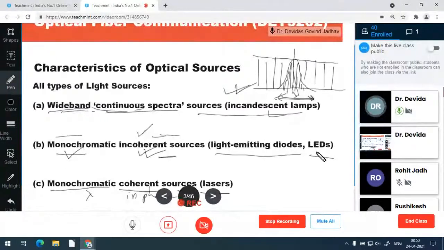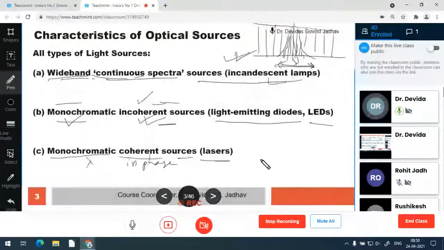How are optical sources classified? Wide spectrum, continuous spectrum sources are there, like incandescent lamps, and monochromatic incoherent sources are there, like light emitting diodes, and monochromatic coherent sources are there, like lasers. So LED as well as laser can be used in optical fiber communication, but incandescent lamps cannot be used.